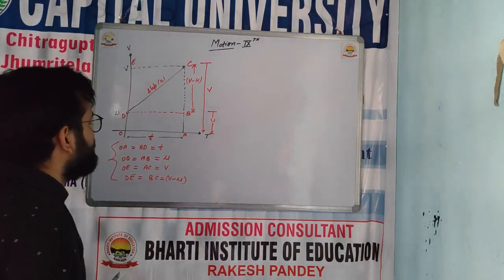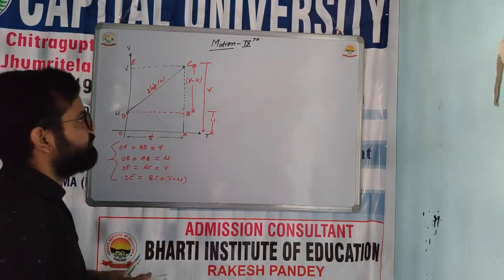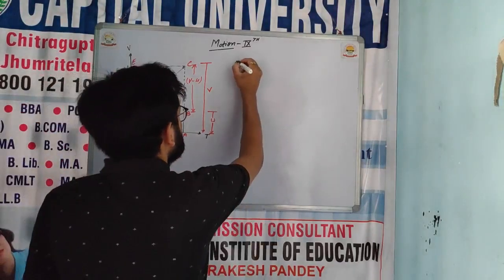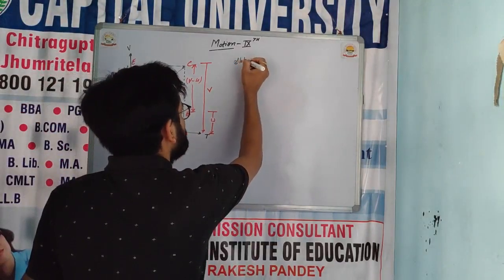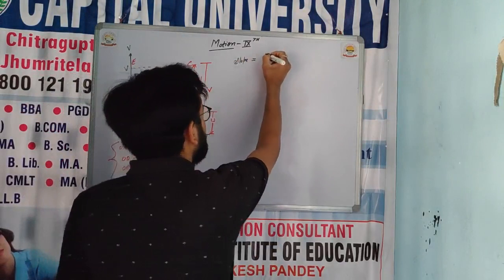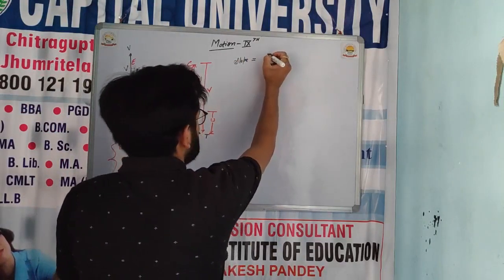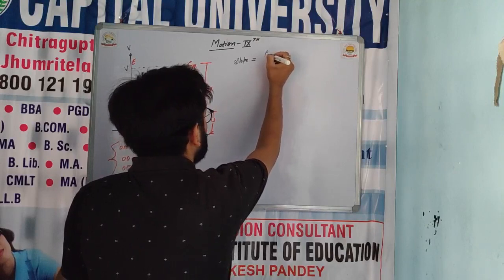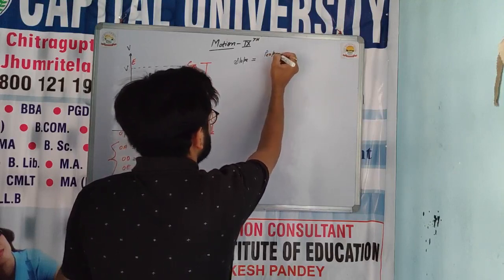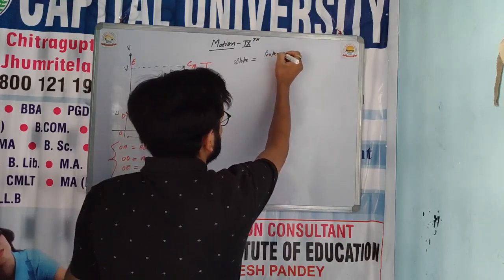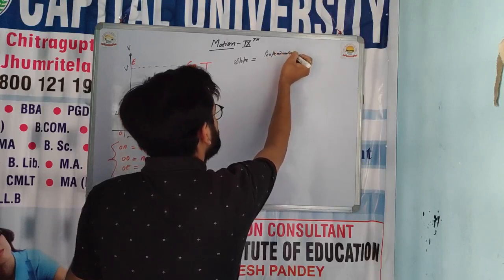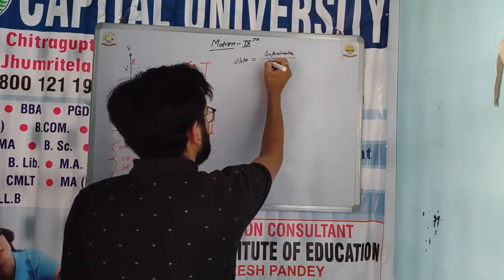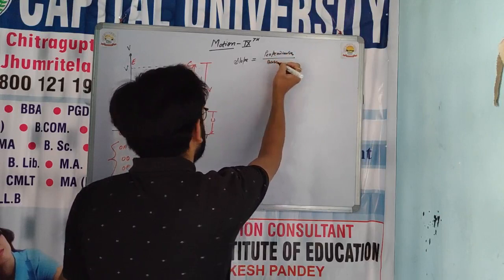Now let us come to know a formula: slope equal to perpendicular distance by base. We can also say perpendicular height by base.